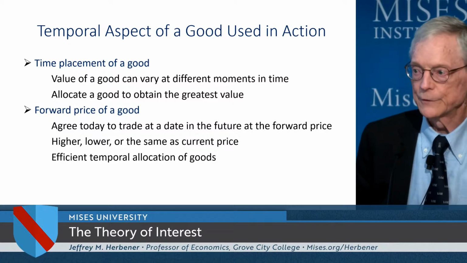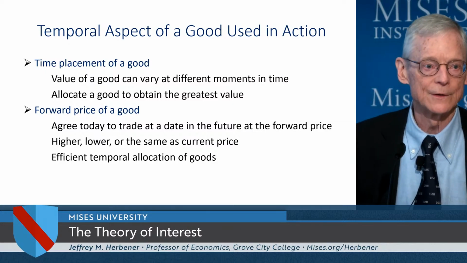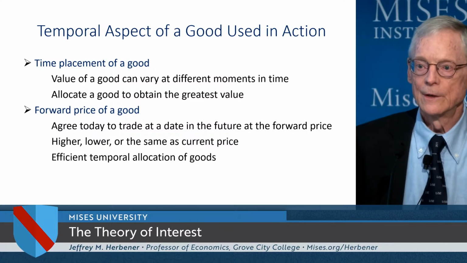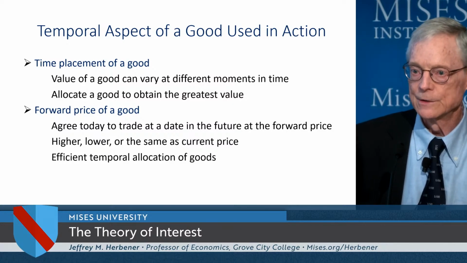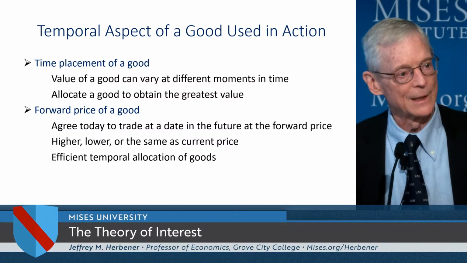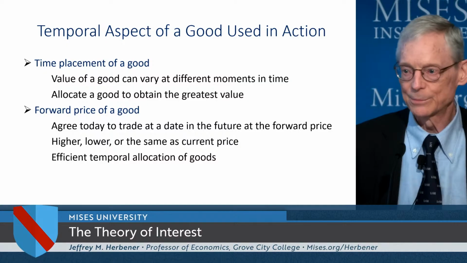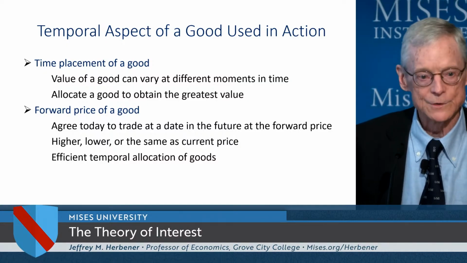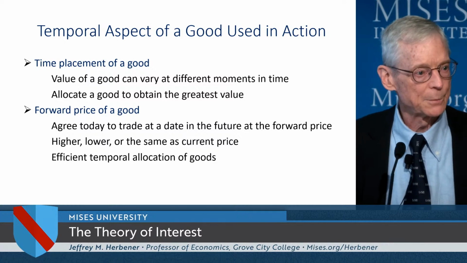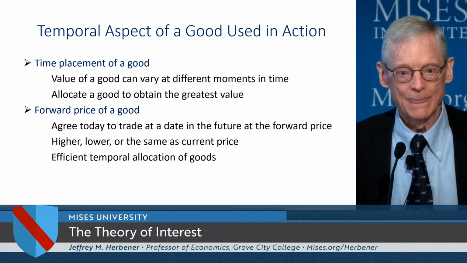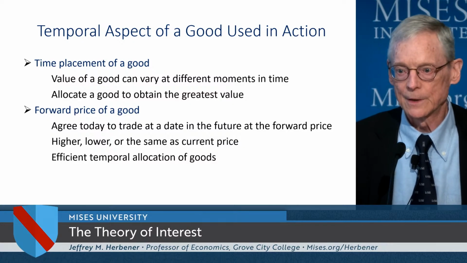A forward price is just when two parties today agree that at some date in the future, they'll make a spot exchange, trading a certain amount of a good of a certain type for a certain amount of money. They don't do anything in the present except agree to make a trade in the future, and that future trade will be a spot trade. There's no intertemporal dimension to this. And so there's no interest rate involved in this, right?